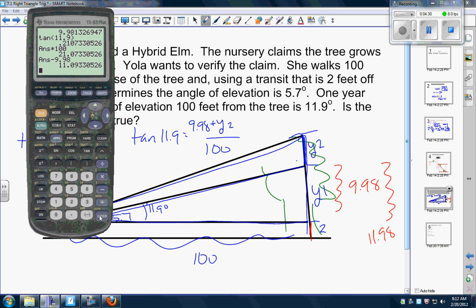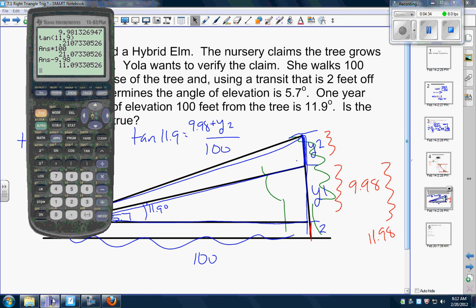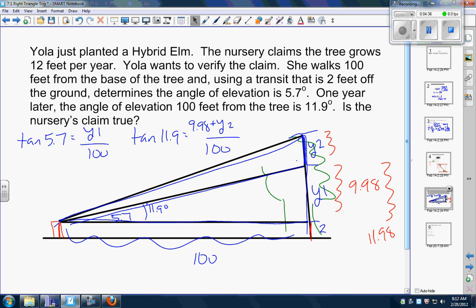And this little piece right here is 11.09. So, nursery's claim is false. They say it grew 12, it only grew 11. Not terribly wrong, but they're still liars.